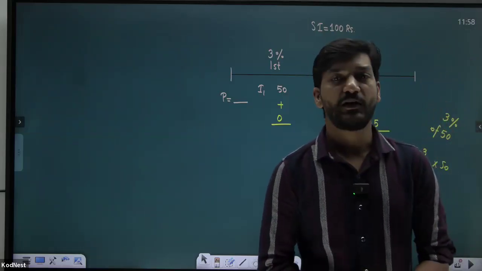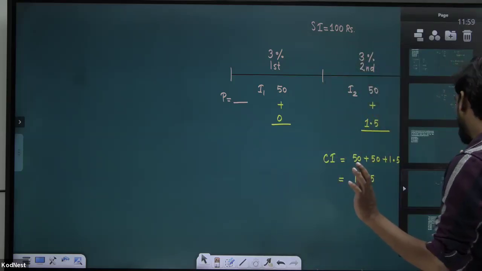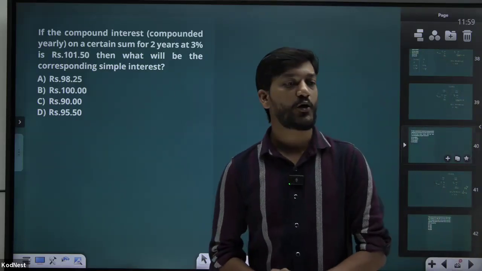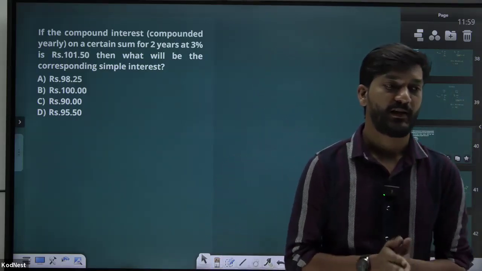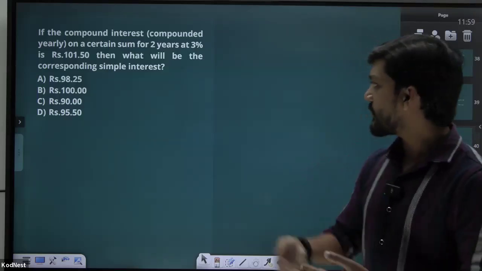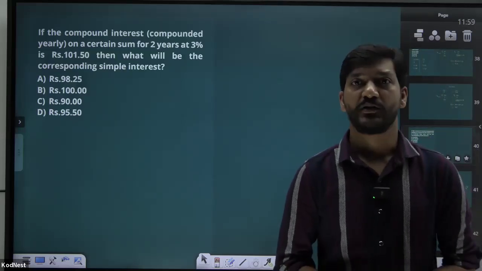So, carefully answer, please. Solution is this only. So from where did I take simple interest as 100 rupees? Because it is not given. So from where did I take? Options.